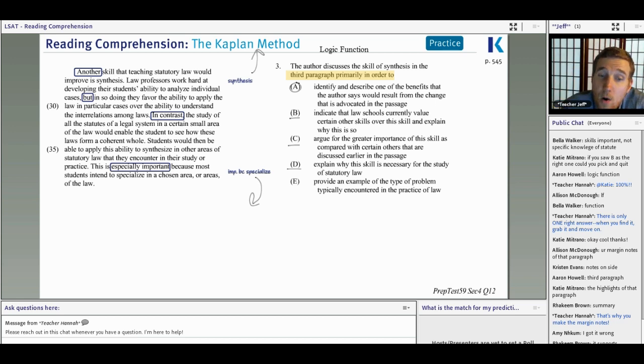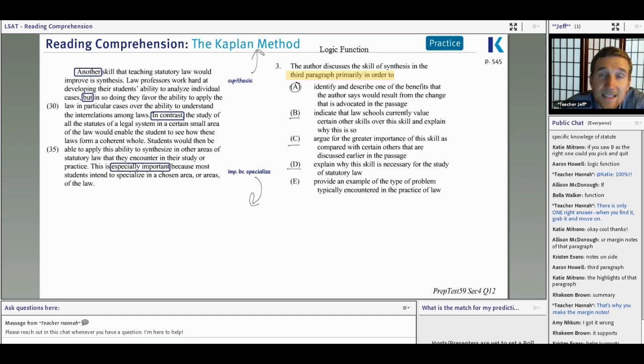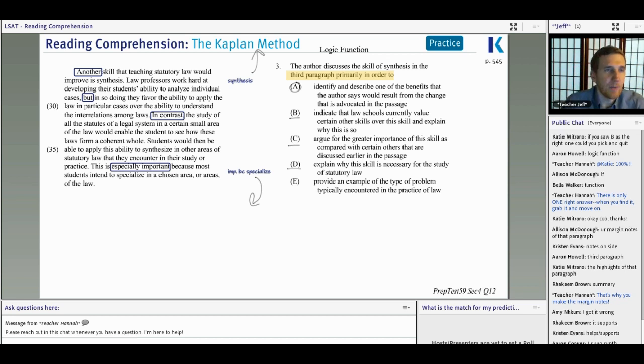That it supports, right? This is helping, supporting, this is something else good about statutory law training. Like this is another reason why statutory law should be taught.